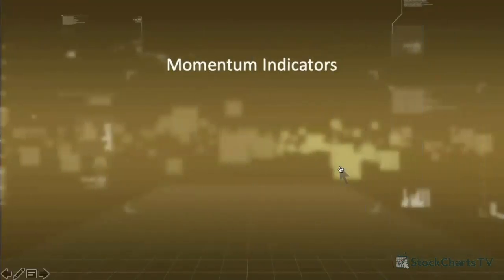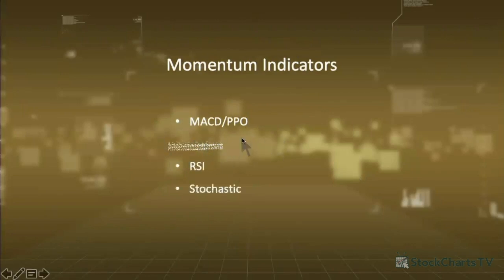All right, and there are a few different indicators out there for momentum. The MACD, the PPO, the price percentage oscillator. The PMO somehow got written over there, a little bug, but the PMO is also a momentum indicator, and that is a decision point one.